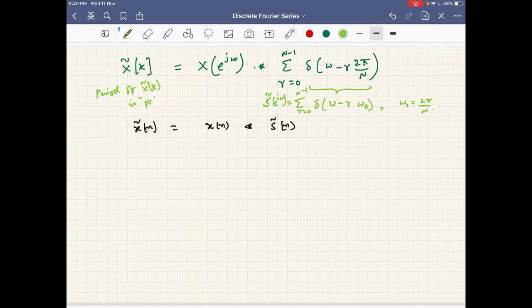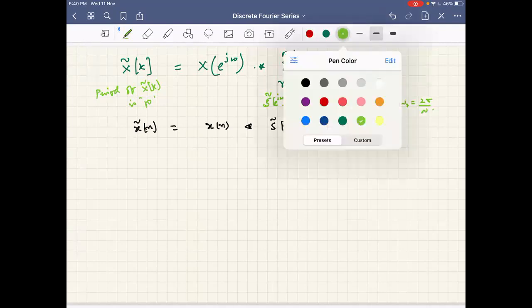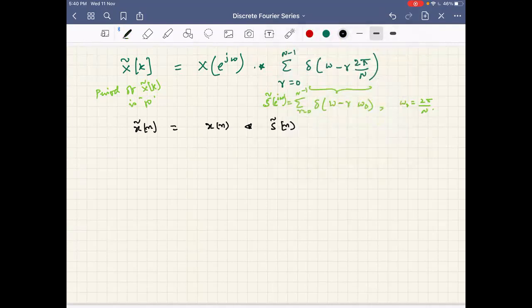Fine. To make this simpler, let us first bring in some of the relations that we have derived earlier. If you remember, we considered a delta train earlier, s tilde of n, as the sum over r equal to minus infinity to infinity of delta of n minus rN. Let us see the importance of this here. What does this mean?